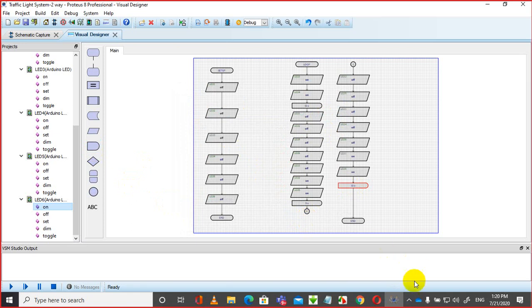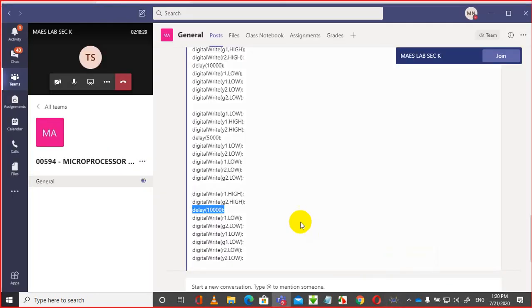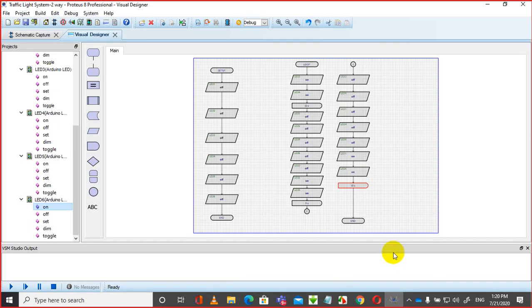Okay, after the delay, again look at the algorithm. What are the remaining steps? Now we make for the first lane red light low, and for the second lane green light low. Again we can split over here. Split.